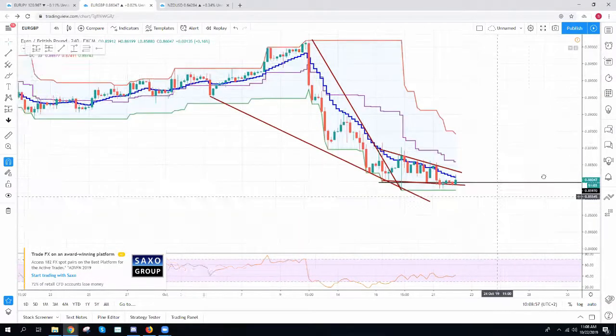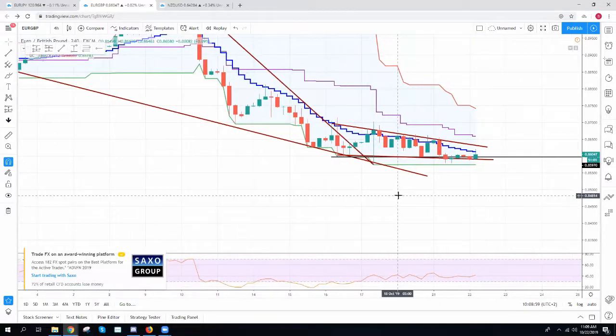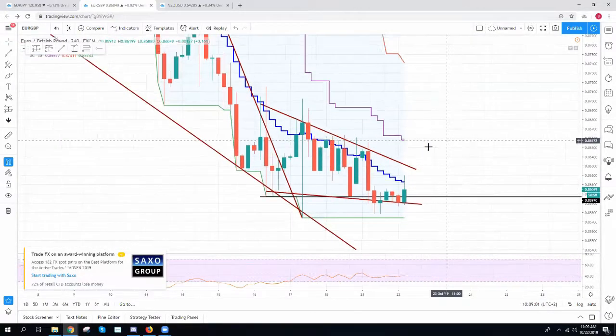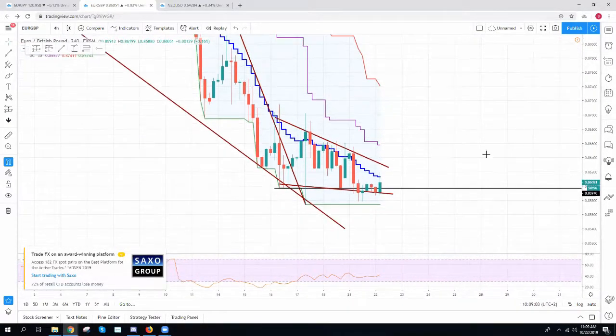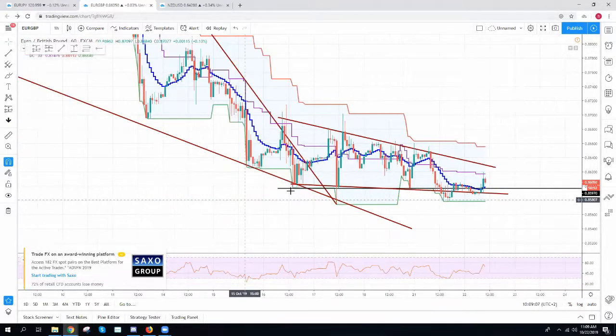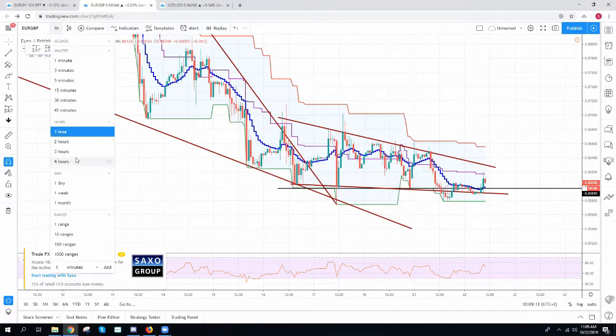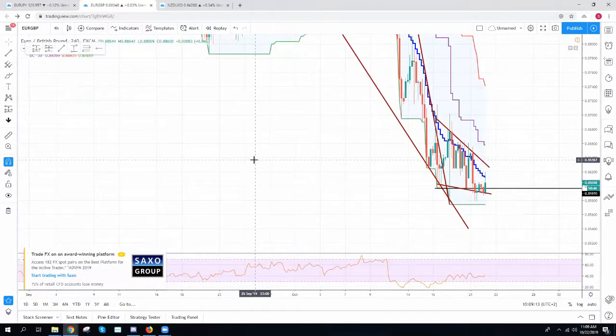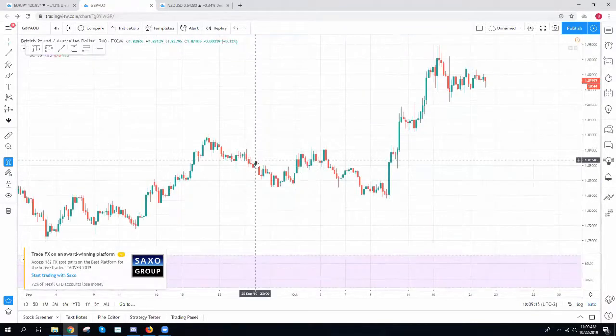You see, we've got this here on EURGBP, a breakout and then a possible secondary contraction, which can be seen better on the 1 hour, I think. Yeah, there it is. So let's go back to the 4 hour and see what's going on with GBPAUD.